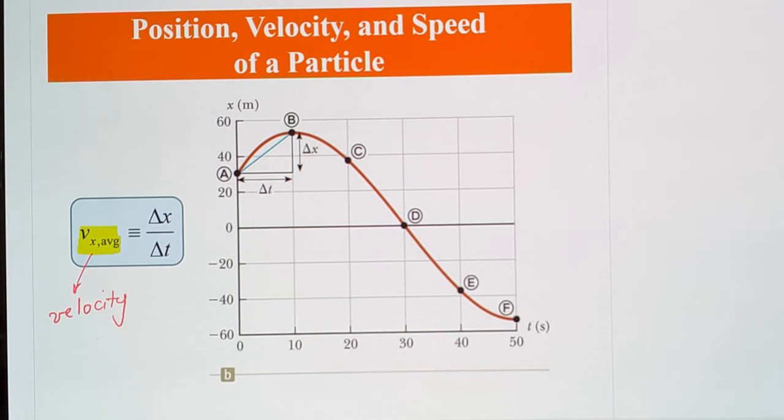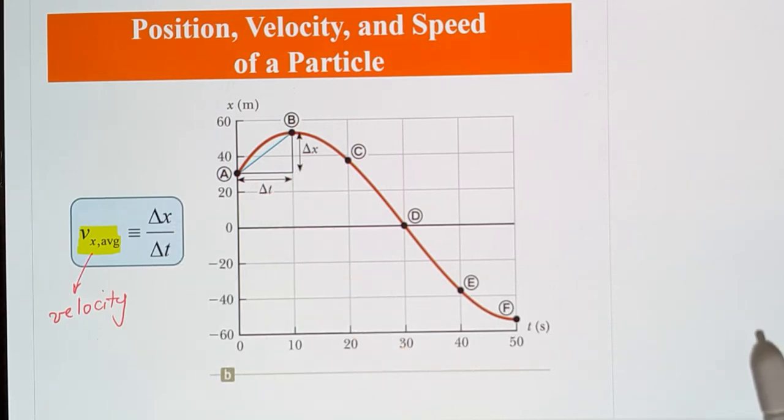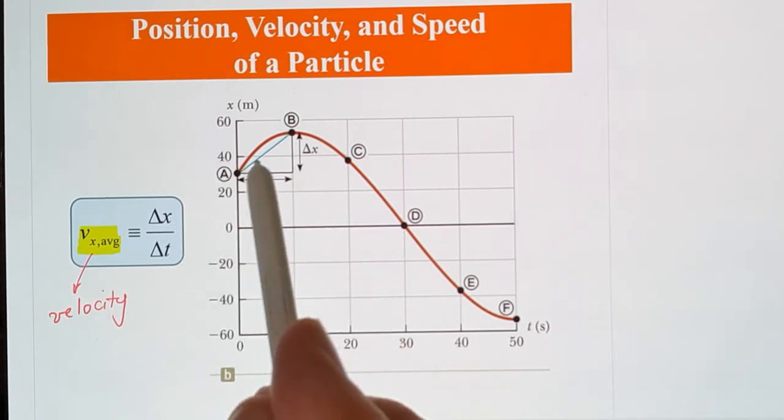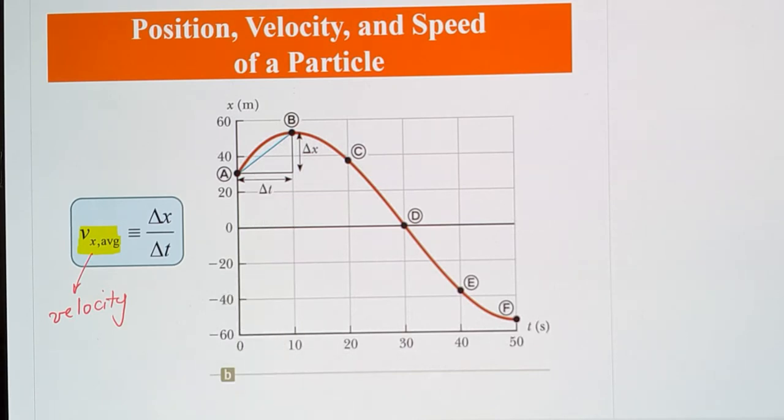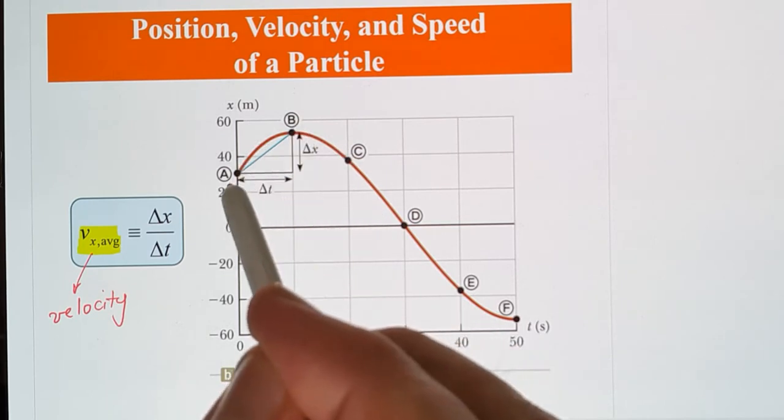Okay, so we mentioned two points. The average velocity is delta x over delta t, which is the slope or the derivative of the equation. However, the instantaneous velocity is not known, because I don't know what happened between A and B. This is a dummy presentation for the graph.